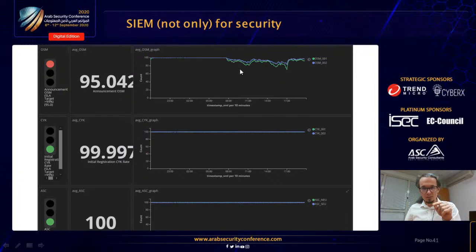Here we can see that 001 is behaving a little worse than 002. So we can monitor and calculate the KPI with no difference whether the KPI is built from many components or just a single component. That makes no difference for us.